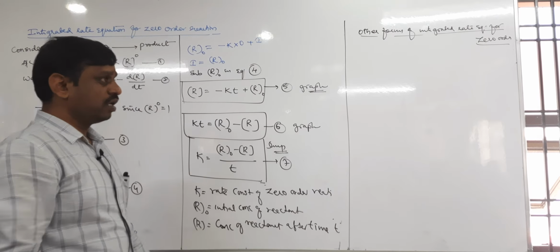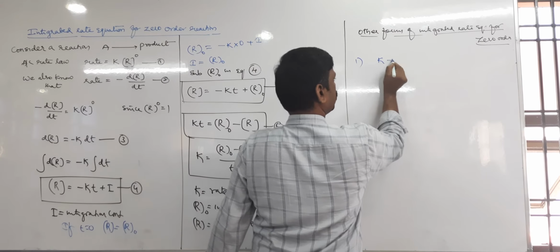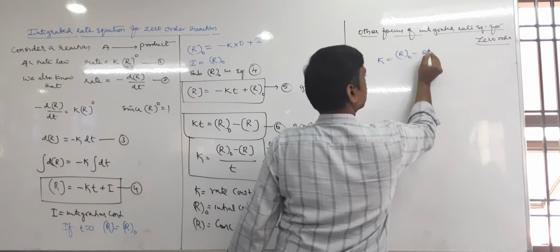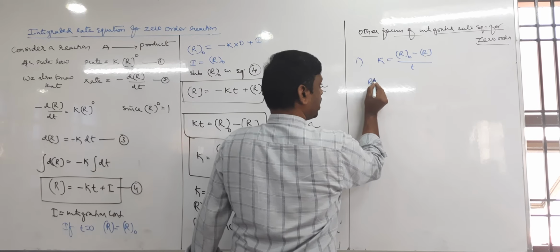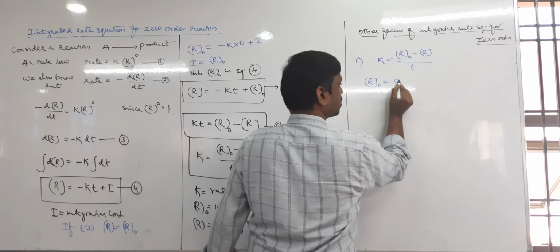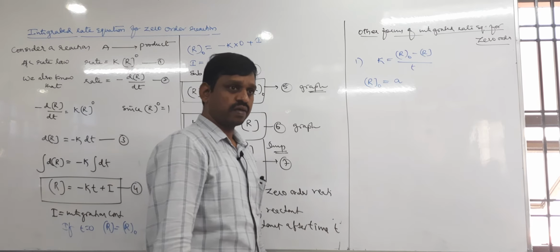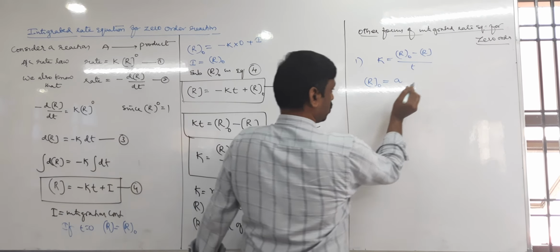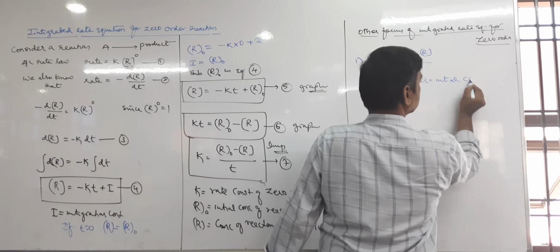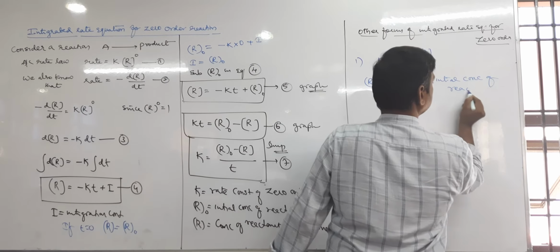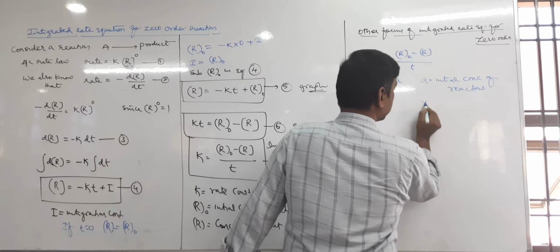Is there any other form, or can you change it? Now tell me, you can change it like this. This is K equal to R naught minus R by t, no? Okay, fine. But R naught is the initial concentration of reactant, it can be taken as small a. So small a is the initial concentration of reactant. Next, I'll take x as the concentration of product.